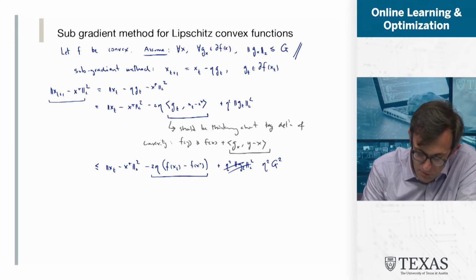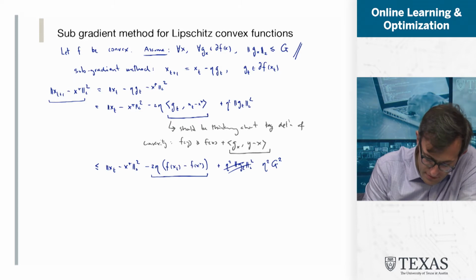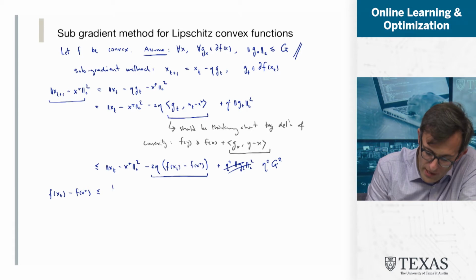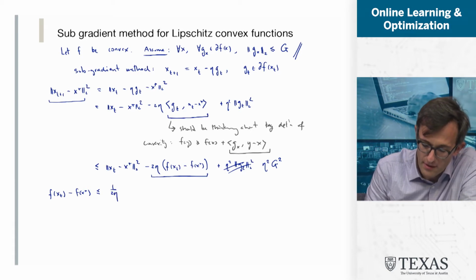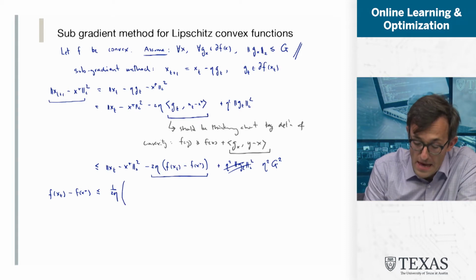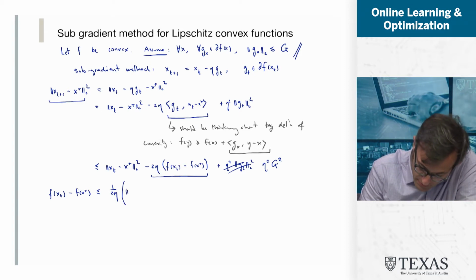Once I divide by 2 eta, it's going to give me that f of xt minus f of x star is less than or equal to, here's my 1 over 2 eta that I divided by. And then what was left on this right-hand side? I had this first term, xt minus x star squared. So let's put that there.